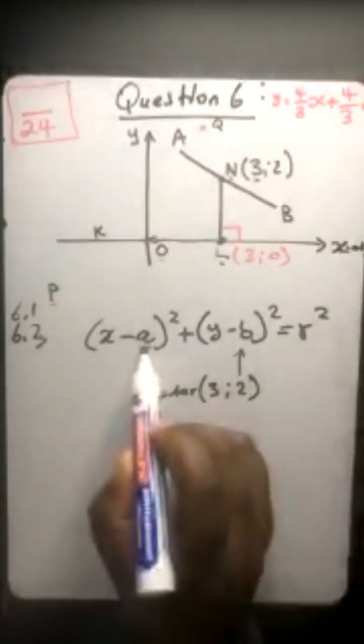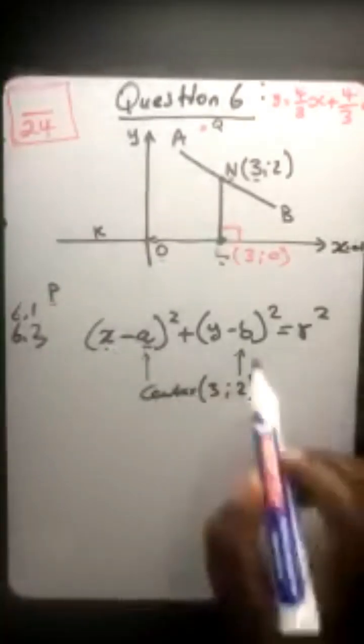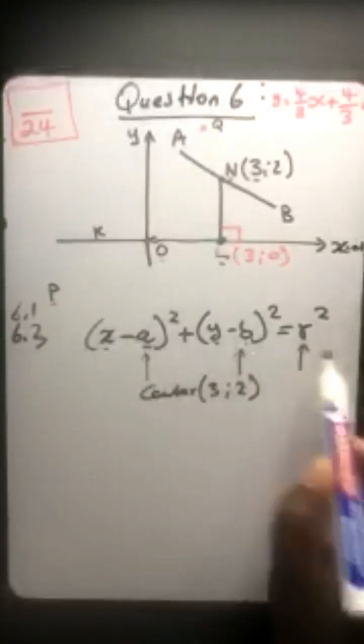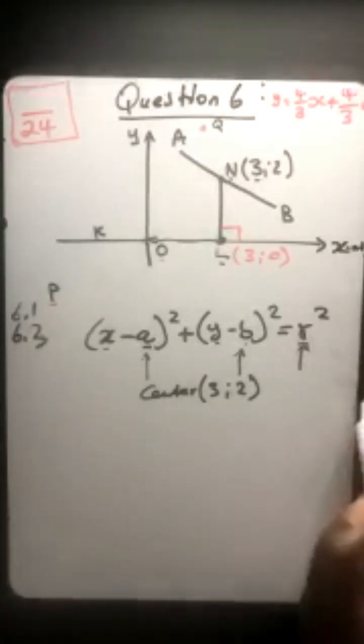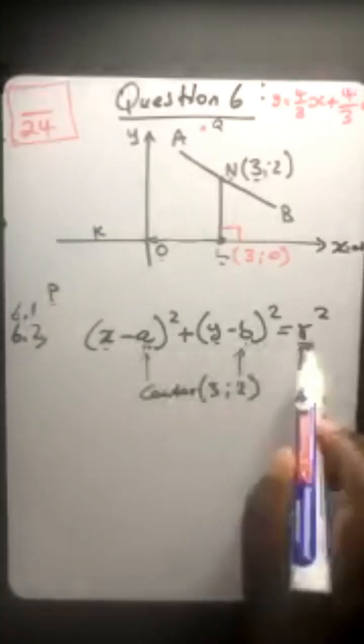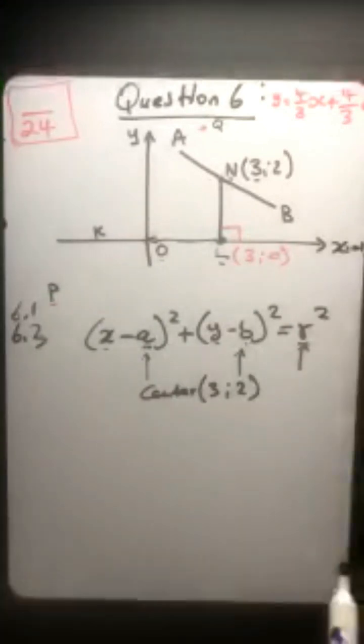A being the x, and B being the y. So this is what you now need to determine: you need to find r so that you can find a, b and r and represent your equation having only x and y.